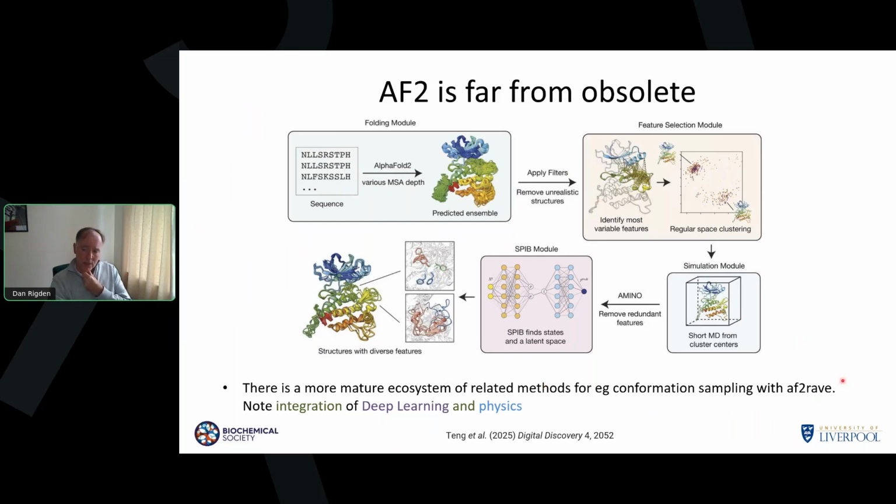And I'm just highlighting this one, AF2RAVE, because again, it combines the benefits of deep learning and physics. So you get models out of AlphaFold 2, you run some MD, and you get enhanced conformational diversity from the integration of the deep learning and physics methods.